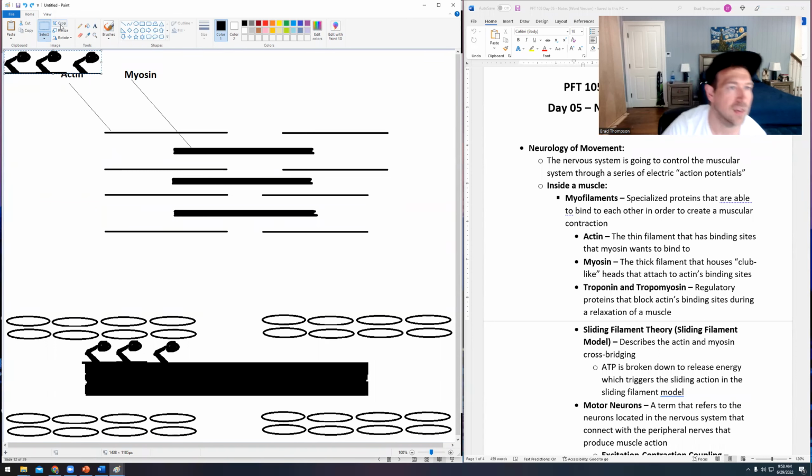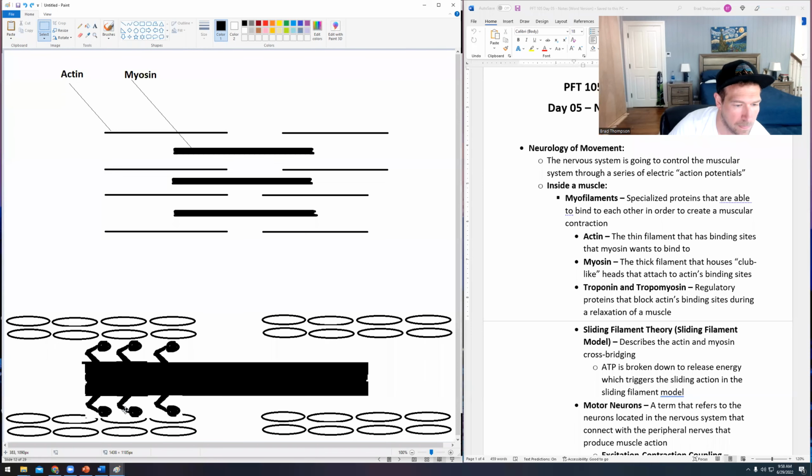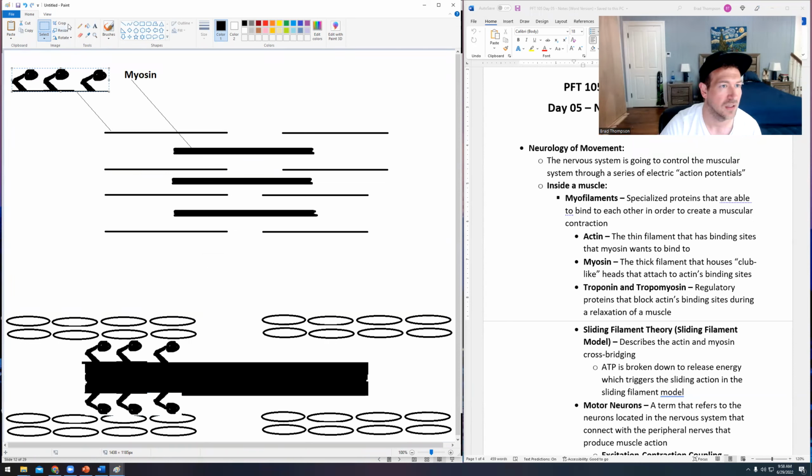Oh, come on. How do I do this? Sorry, guys, one second here. Vertically. There we go. So it looks like that on that side. Yeah. Looks like that on that side.